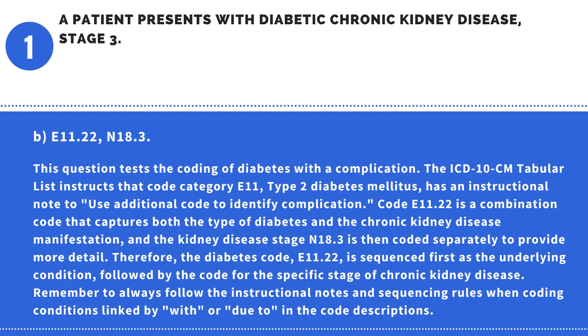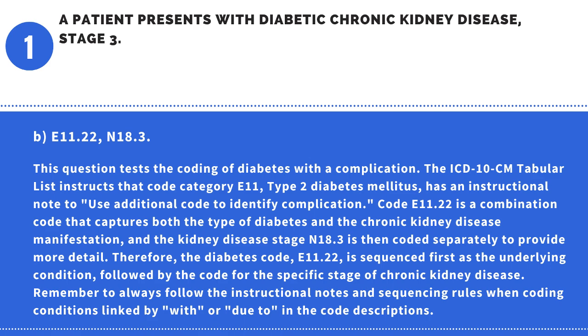This question tests the coding of diabetes with a complication. The ICD-10-CM tabular list instructs that code category E11, type 2 diabetes mellitus, has an instructional note to use additional code to identify complication. Code E11.22 is a combination code that captures both the type of diabetes and the chronic kidney disease manifestation, and the kidney disease stage N18.3 is then coded separately to provide more detail.